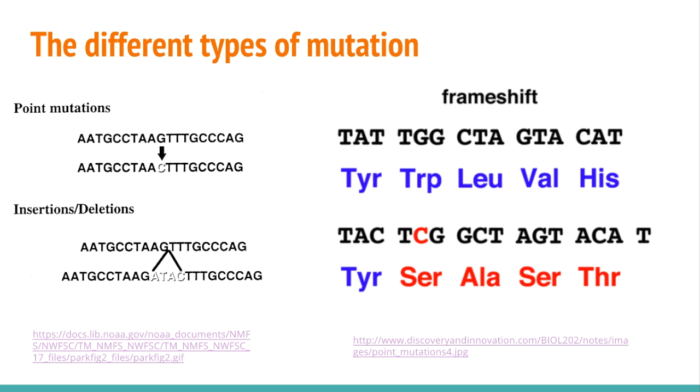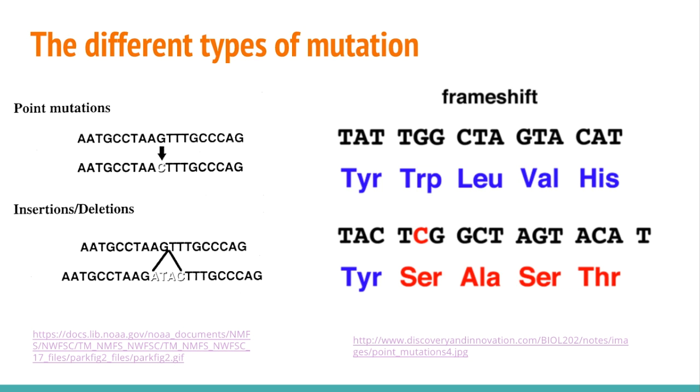Here are the different types of mutations. On the left, we have point mutations and insertions and deletions. Those are pretty straightforward, as I explained earlier, but frame shifts are a little harder to understand. The top of this in blue represents the amino acids which are meant to be a result of these codons.